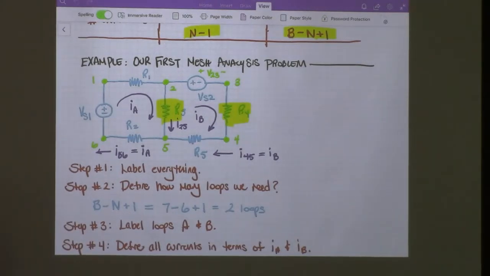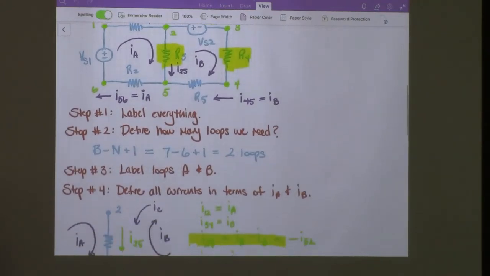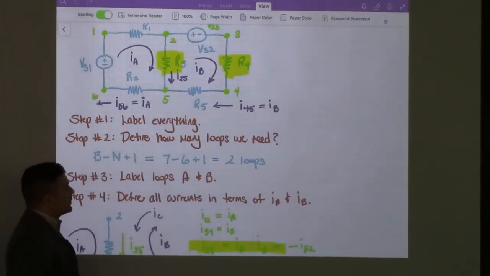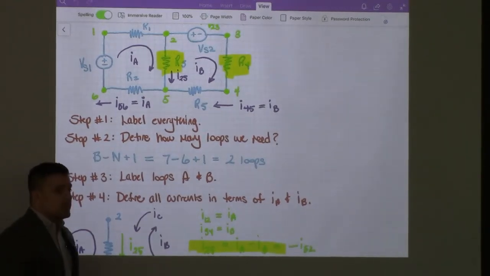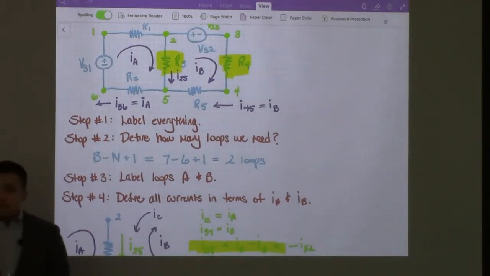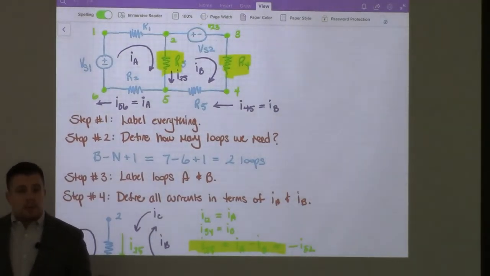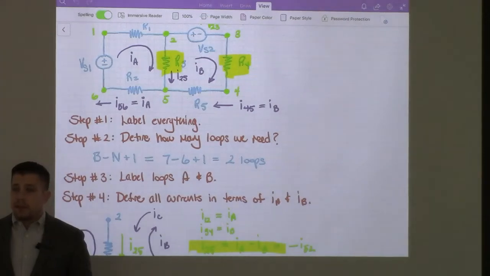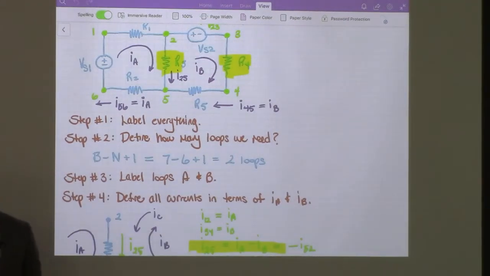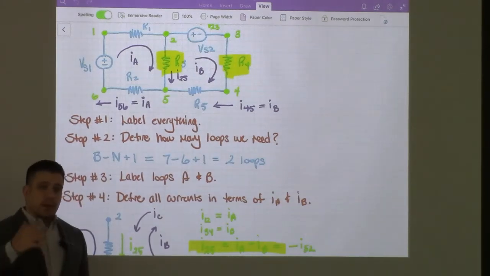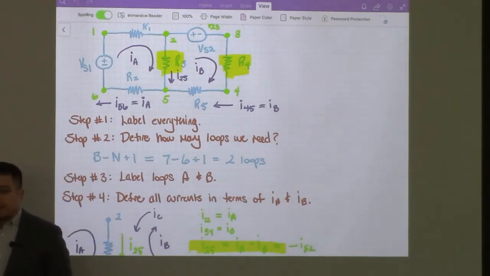So we define the number of loops that we need, which in this case is 2. There's an equation for it, which is the number of branches minus the number of nodes plus 1. We have 7 branches, 6 nodes. So 7 minus 6 plus 1 equals 2. In the video I posted online, I also referred to the Windowpane Method, which says if you look at the circuit like a bunch of window panes, you can tell there are 2 squares, and so there are 2 loops to define.